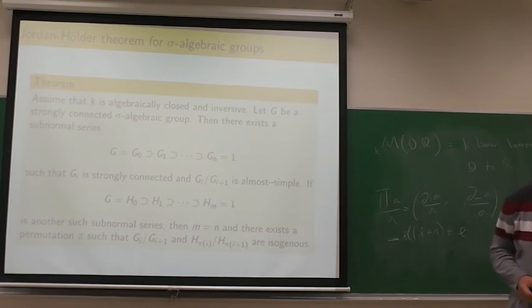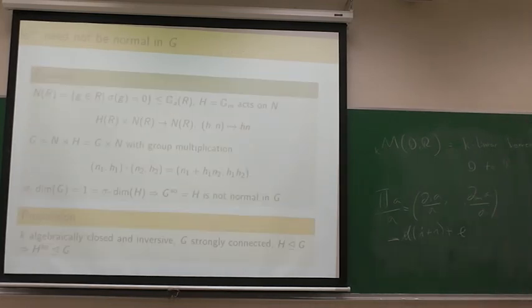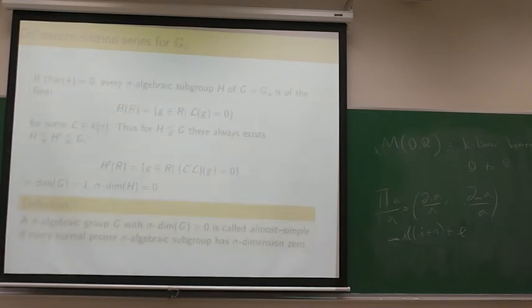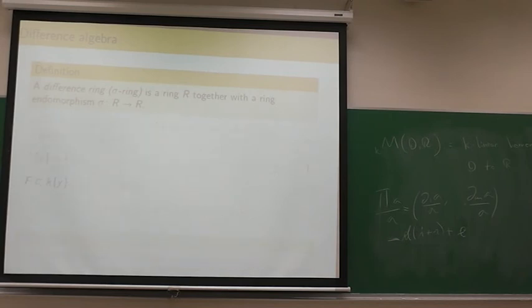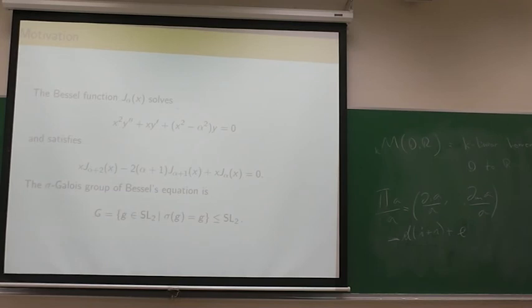I have a question about the first example, the Bessel functions. Could you highlight again how you see that relation? Yeah, to see this relation, you should write it as a matrix equation.